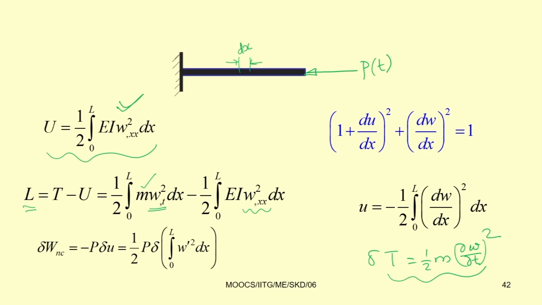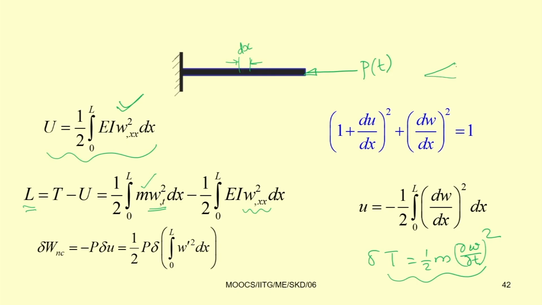Now, taking the inextensibility condition, for example, if you take a small element, let the displacement along the x direction be u, and in the y direction, the transverse direction, it is w.